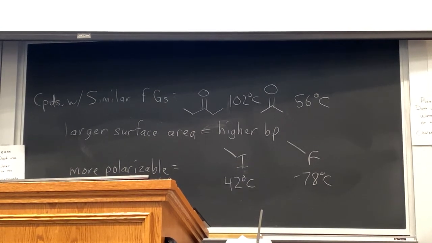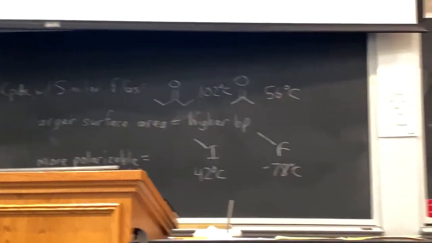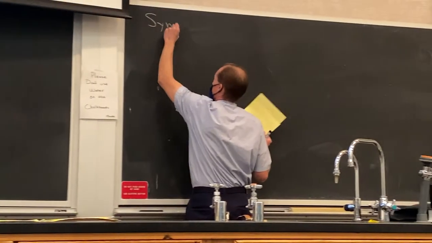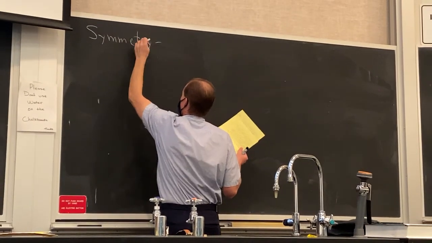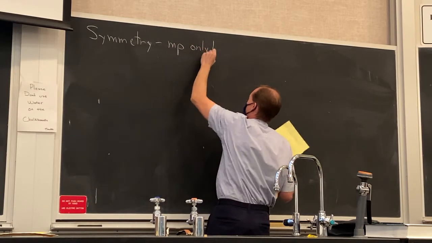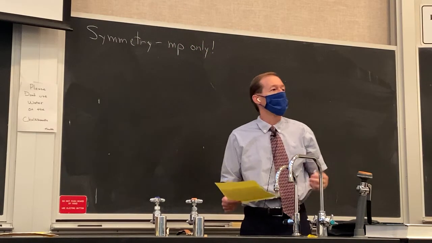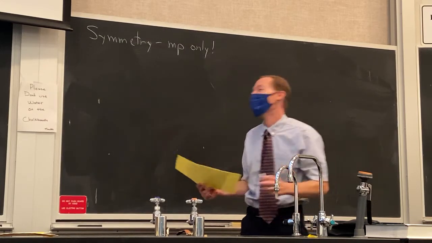So you're going to have very similar trends, except for when we have symmetry. And symmetry only applies to melting points, not to boiling points. We'll talk about that in a little bit. Make sure you only apply this concept when we're talking about boiling points.